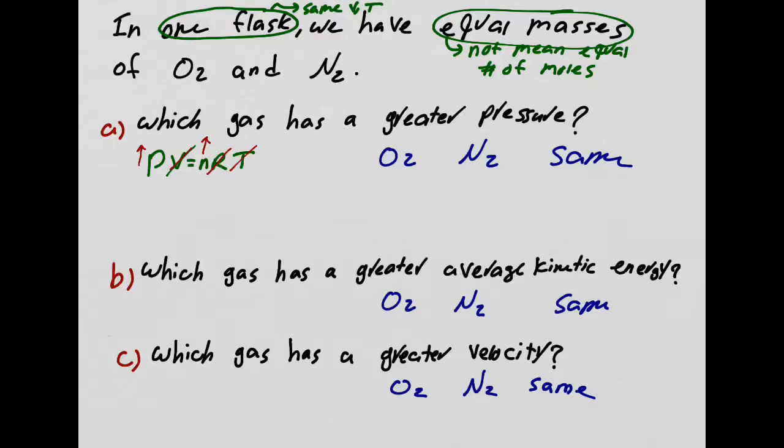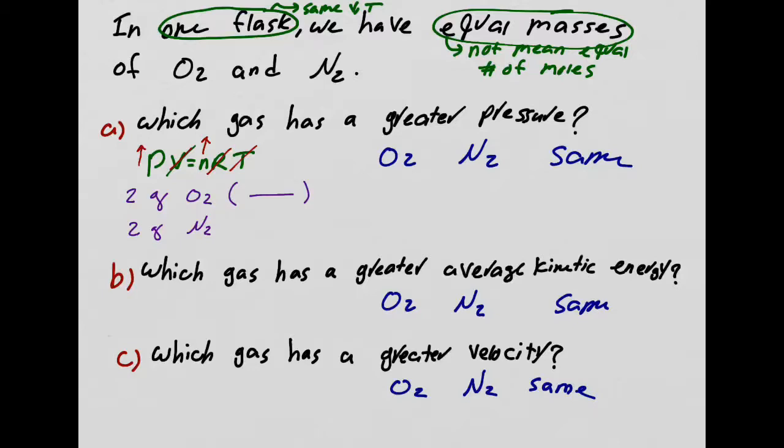For example, I know they have equal masses, right? So I'm going to make up numbers. I want to say I have 2 grams of O2 and 2 grams of N2. I can do that. It doesn't matter what number as long as I have the same mass. You can do 10 grams and 10 grams, 20 and 20.